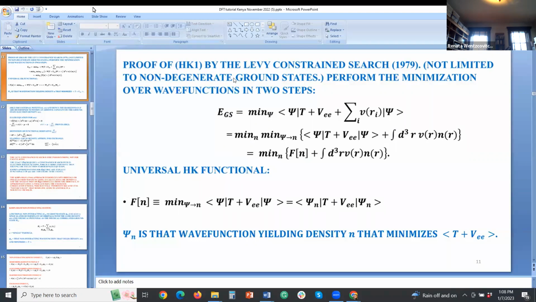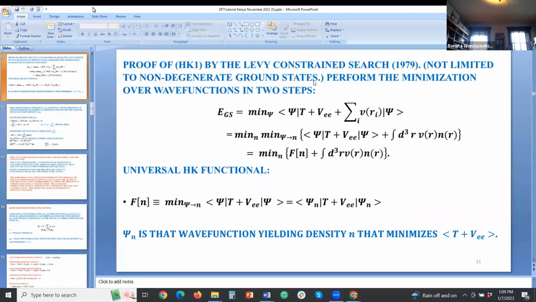What Levy did is to start with the wave function variational principle that I just talked about. The ground state energy is the minimum over all N-electron wave functions of the expectation value of the N-electron Hamiltonian, using that wave function. And do the search over wave functions in two steps. The first or inner step is a minimum over all the N-electron wave functions that yield a given N-electron density n.